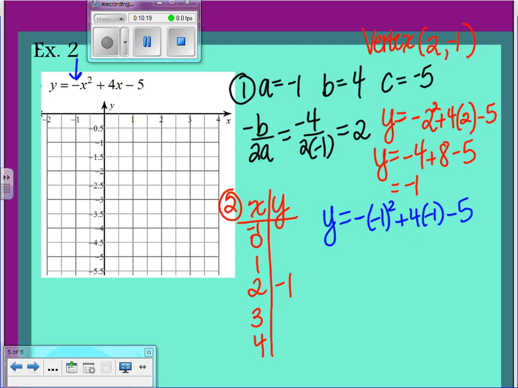So again, I've got -1 squared, which makes a positive, but then since I have a negative on the outside, it goes back to negative. So it's -1. This would be -4, and then subtract 5. All right, so we've got a bunch of negatives, and again, that would equal -10. All right, so -10 right here.